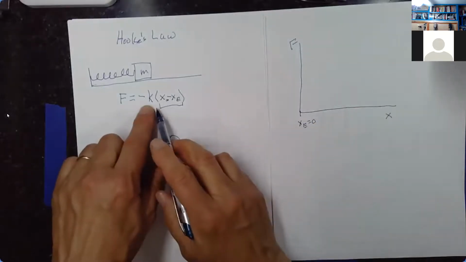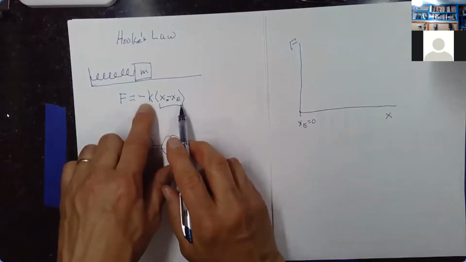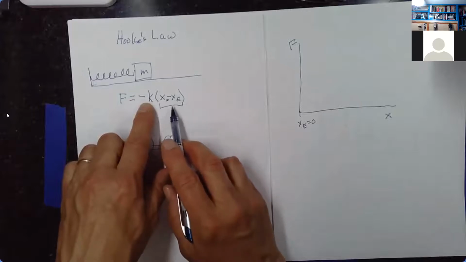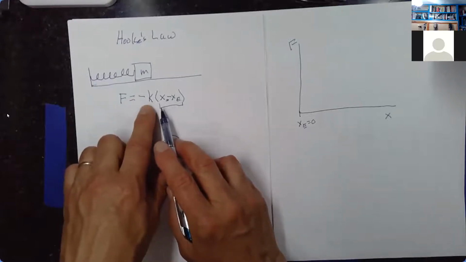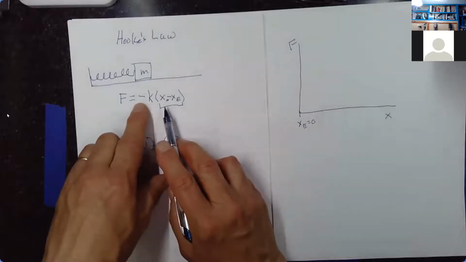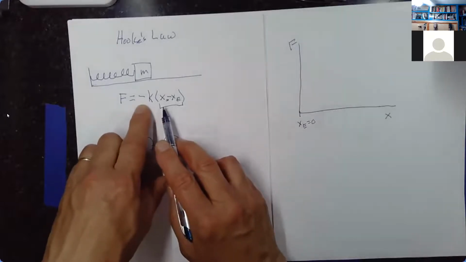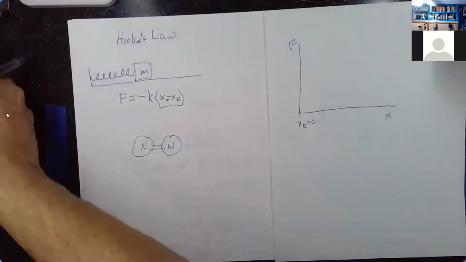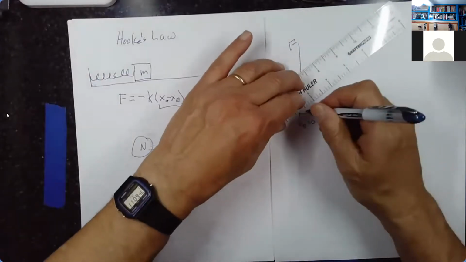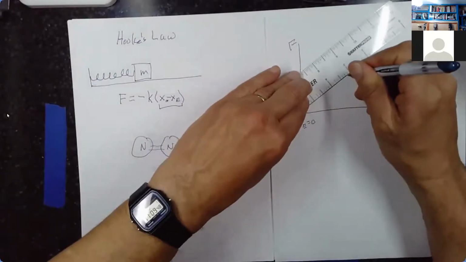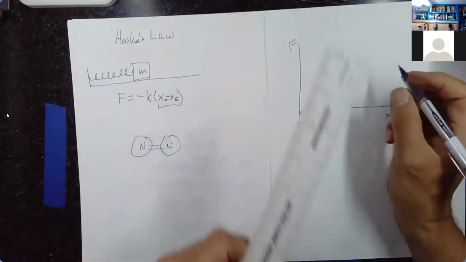But what we see here is the force the spring exerts is proportional to the amount of stretch beyond that. Well, the force that we would have to exert to stretch the spring would just be the same thing with a plus sign. And so we'll have to exert a steadily increasing force.